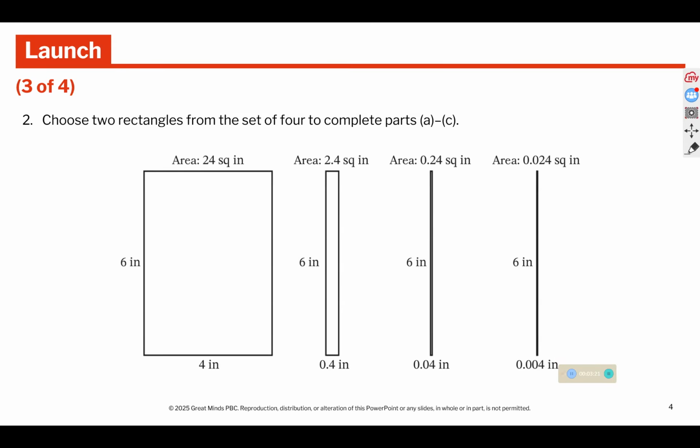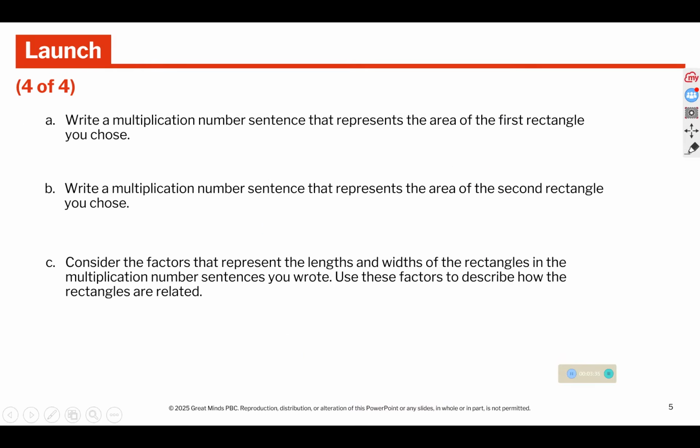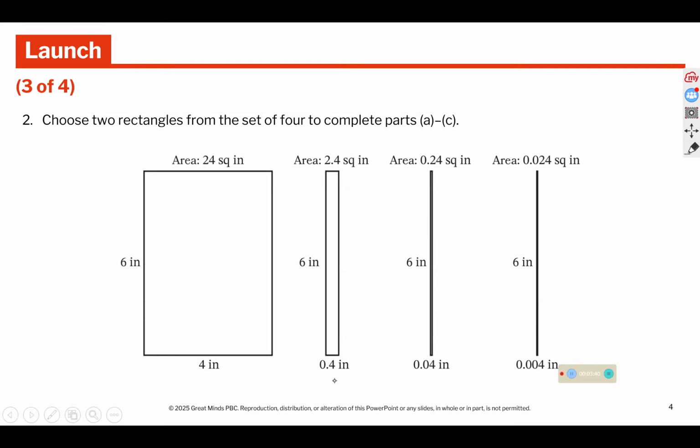Two, choose 2 rectangles from the set of 4 to complete parts A through C. I'm going to work with the middle 2 this time. You'll notice all of them have the same height. We're going to start with the first rectangle we chose, which is 0.4 times 6 equals 2.4.